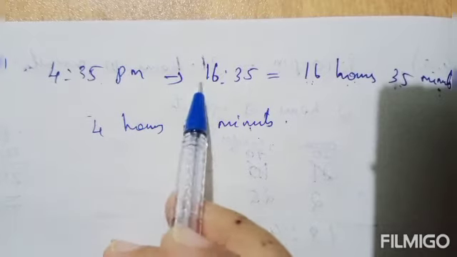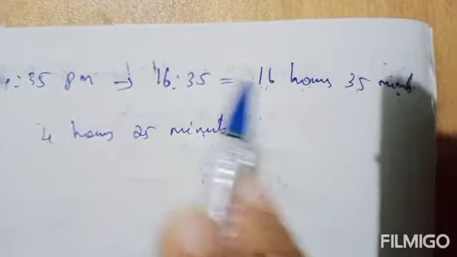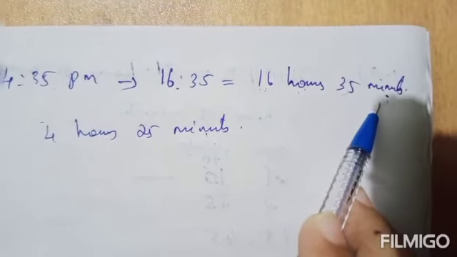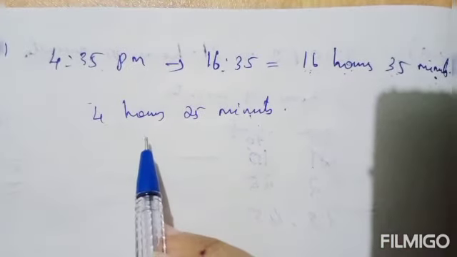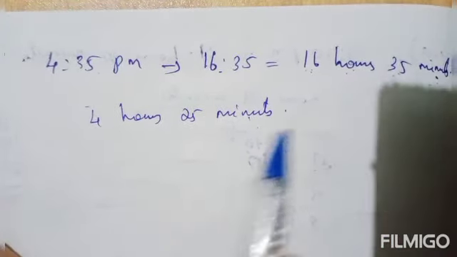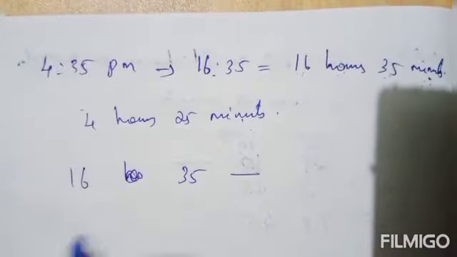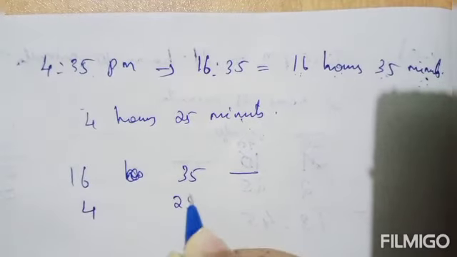So you will get 16:35, that means 16 hours 35 minutes. Now 4 hours 25 minutes before 16 hours 35 minutes you have to find. So how can you find? Just subtract 16 hours 35 minutes minus 4 hours 25 minutes.